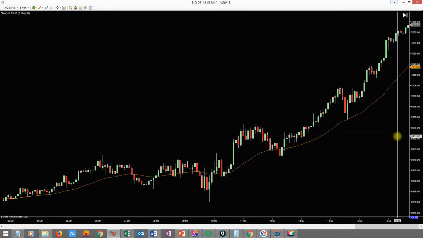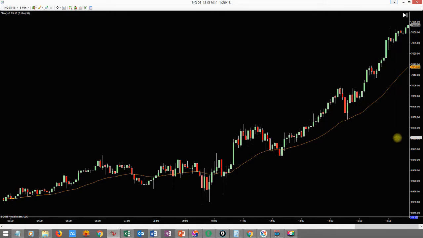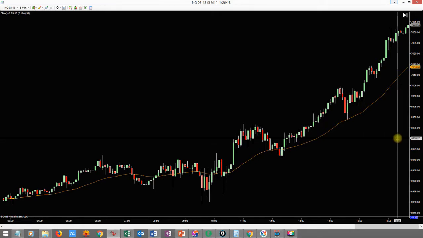In order to get a 1 point difference, there's, as you can see, 0.25 decimal point difference. That means each tick is 0.25 on here.